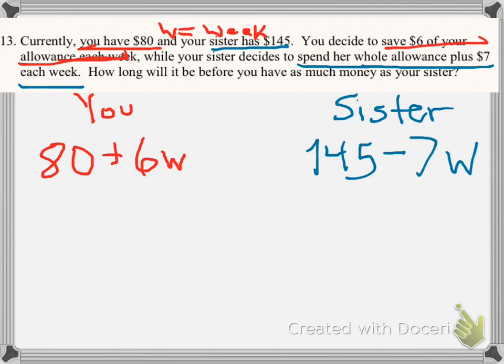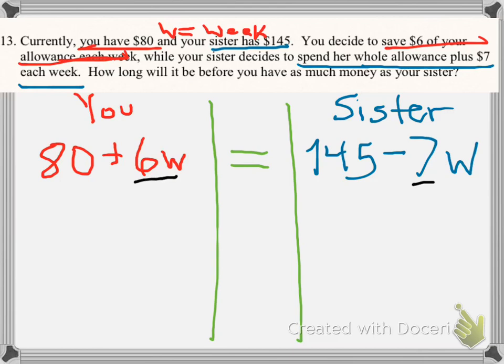So that means that we need to find out when these are equal to each other. So now we just need to figure out how to solve this equation. So I'm going to draw the bridge that separates the two sides of the equal sign. And if you recall, if we have variables on each side, like we do here, with this 6W and a minus 7W, we have to move the one that is less than the other side.